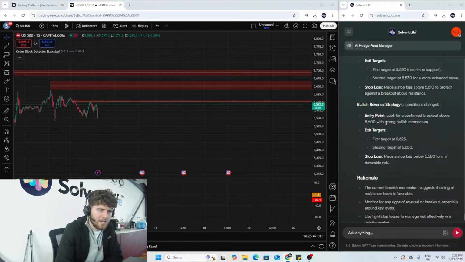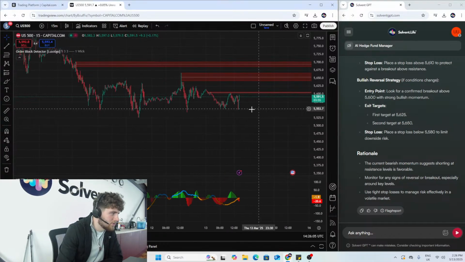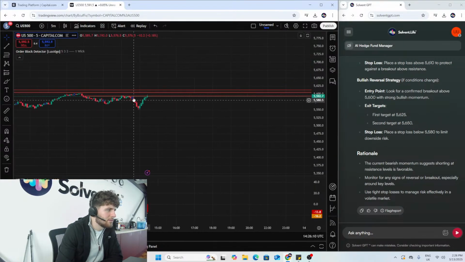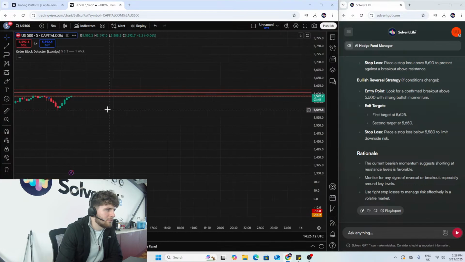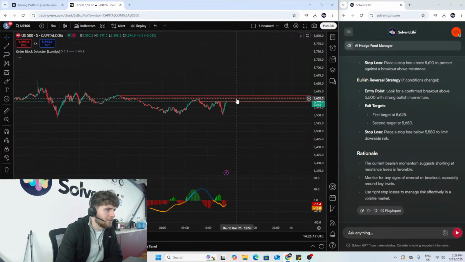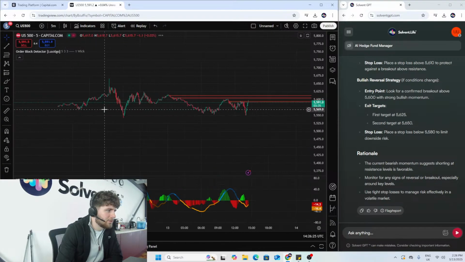Two exit targets. Look for a confirmed breakout above 5,600 with strong bullish momentum. Rationale: the current bearish momentum suggests shorting at resistance levels would be favorable. Okay, interesting. We will break into the 5 minutes perhaps. So that 5,600 mark, just where the last liquidity reached.